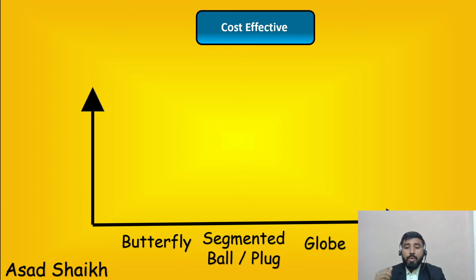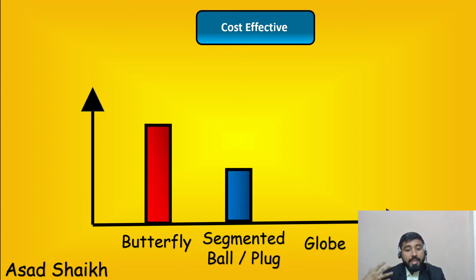So when we go forward, in a broader picture, butterfly valves are usually the cheapest. Then come your segmented ball and plug valves, and then your globe valves. Logically, a butterfly valve is a very thin valve, and the material used to make it is less.